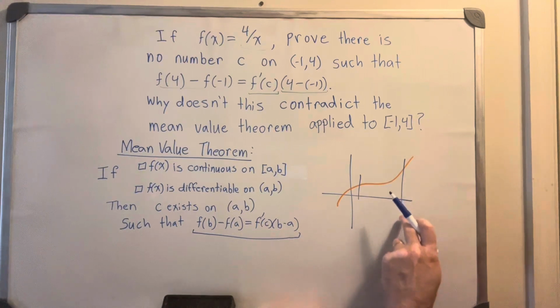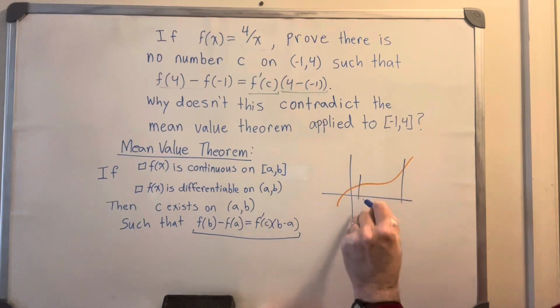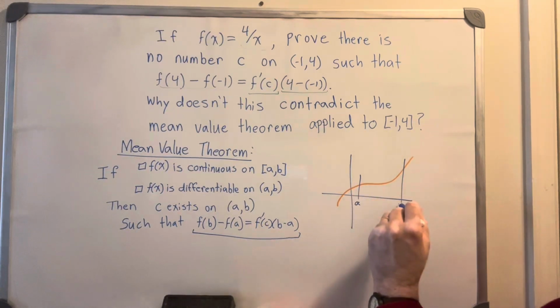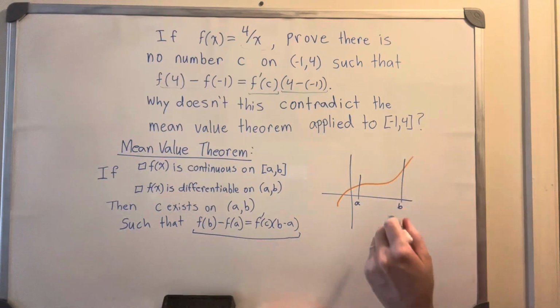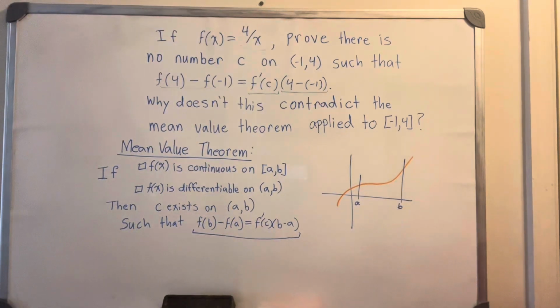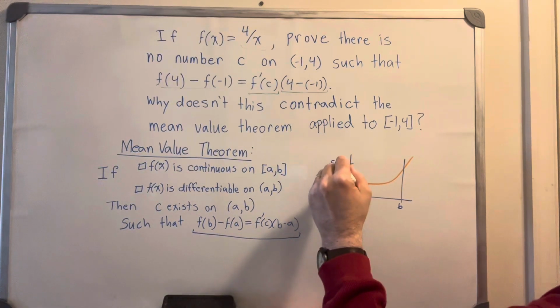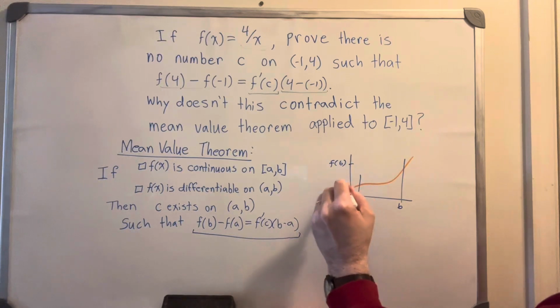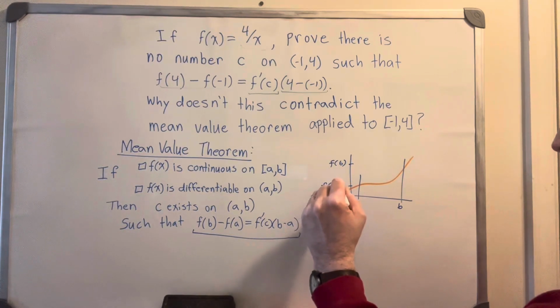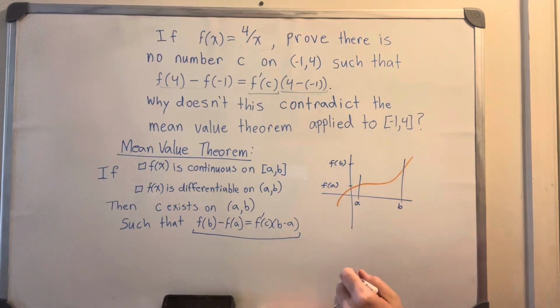This is the closed interval I care about. This is A and this is B. So this would be f of B. This would be f of A. This would be B minus A.